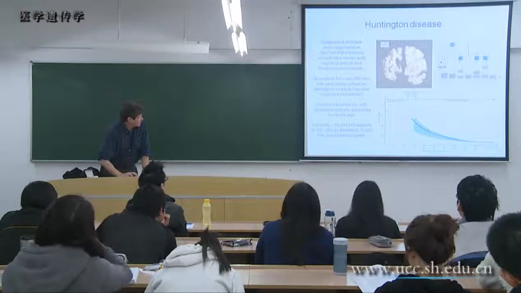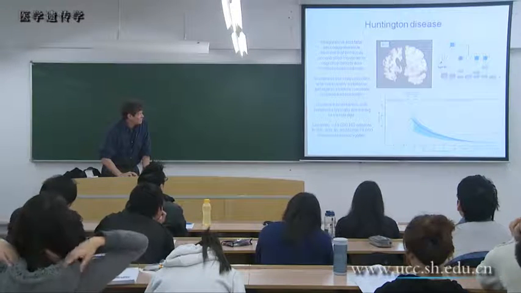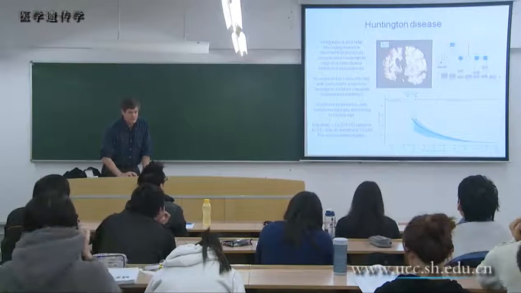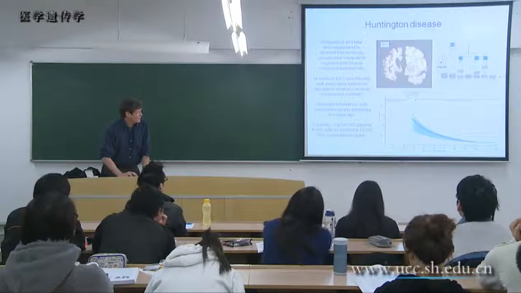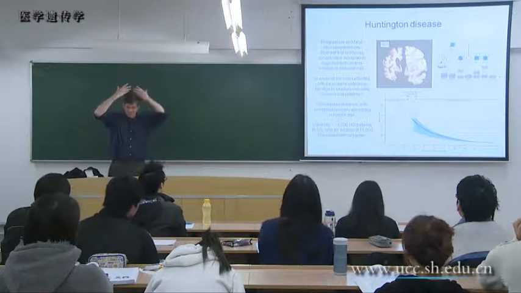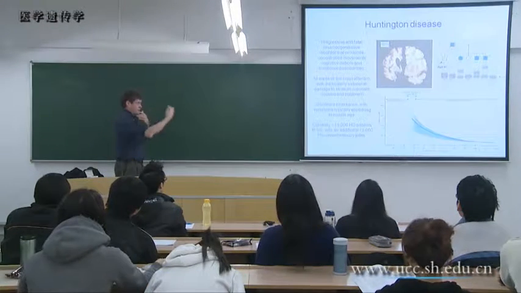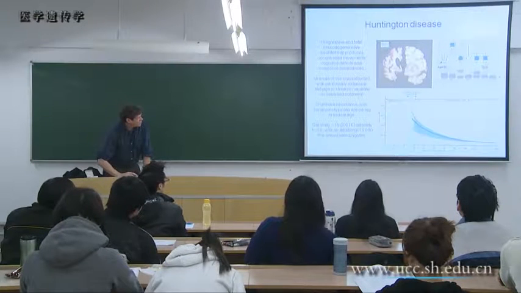So in the case of Huntington's disease, here's what happens. This is a dominantly inherited disease. This is just one of the most terrible diseases you can get. This is called the striatum of the brain. This is a coronal section, so it's cut like this, and you're looking in this direction. And this is the striatum right here.